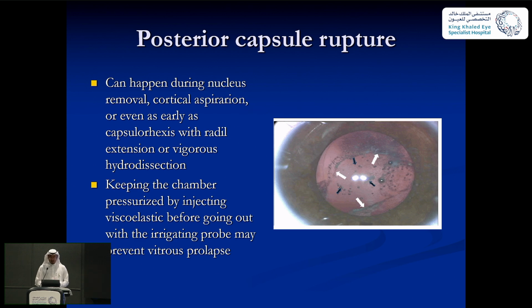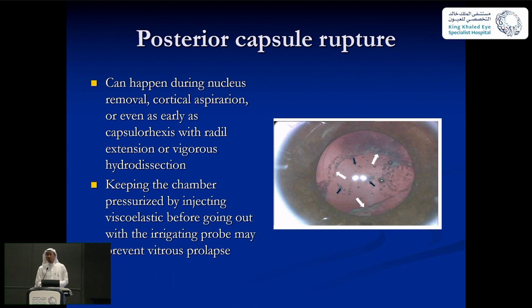So what should we do? Most important of which is identifying when posterior capsule rupture happened. If you don't have a hint that posterior capsule rupture happened, you'll continue your phaco and you'll cause this rupture to enlarge, and you can lose fragments into the posterior segment.